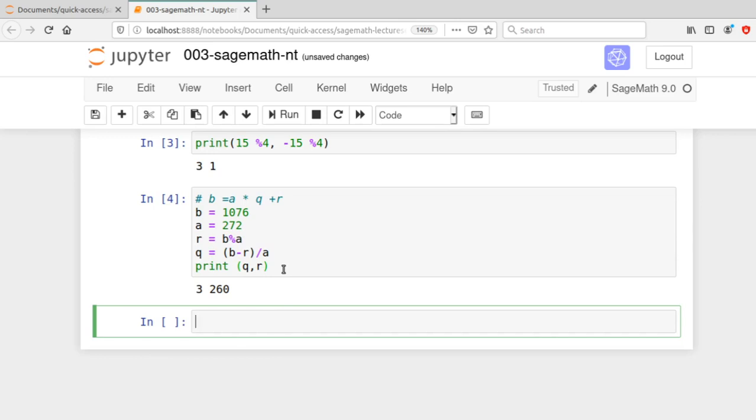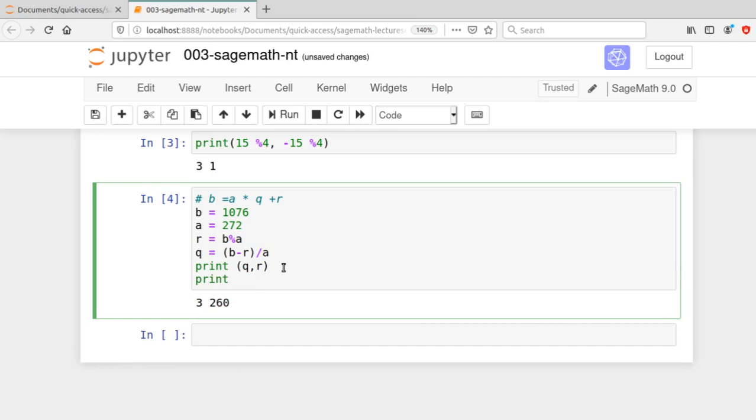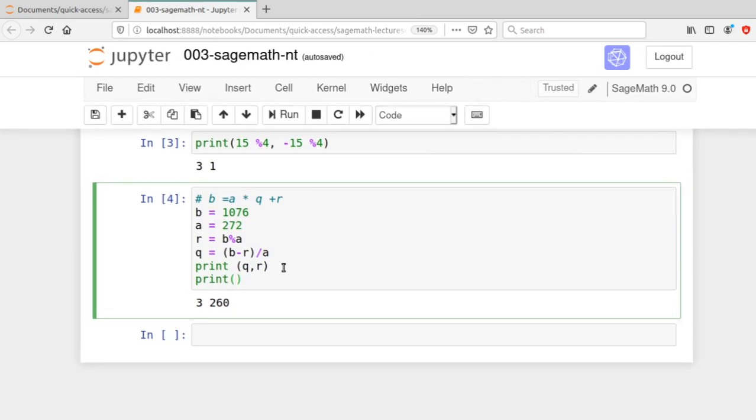Now the division theorem statement also we can print in exactly the same way. So for printing the division theorem statement, we are going to do something extra. So b we need to print as a value. After that, we need to print the equal to symbol, that is enclosed in quotes. We need to print the value of a. We need to print a star symbol.